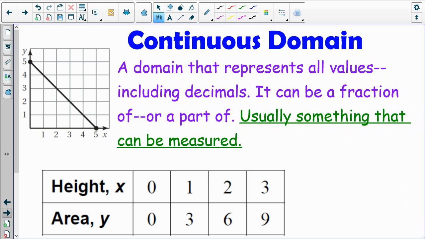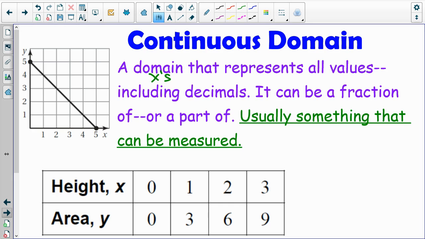Here's a domain, the x's, that represent all values, including the decimals, not just the whole things. So it'll represent things that can be a fraction or a part of. So that's usually something you can measure. I would be sure to write that down because that helps us think about what we need.